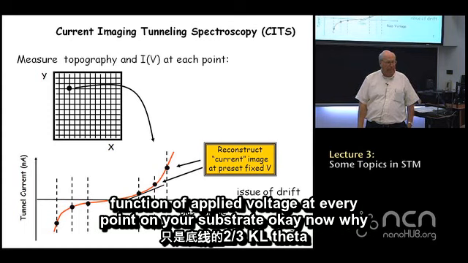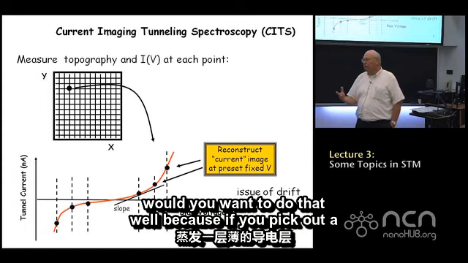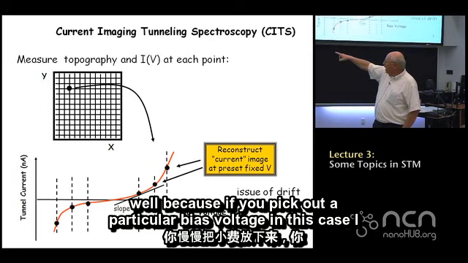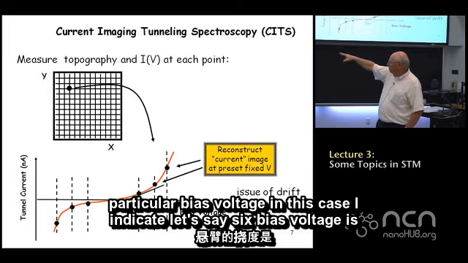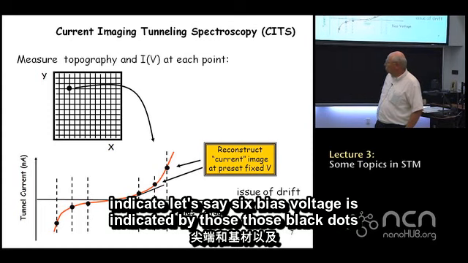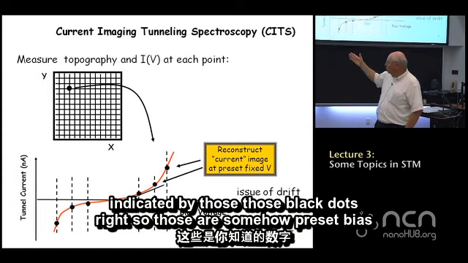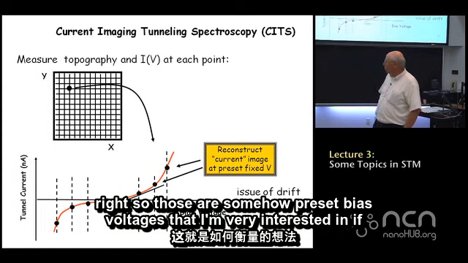Okay, now why would you want to do that? Well, because if you pick out a particular bias voltage, in this case I indicate, let's say, 6 bias voltages indicated by those black dots. So those are somehow preset bias voltages that I'm very interested in.